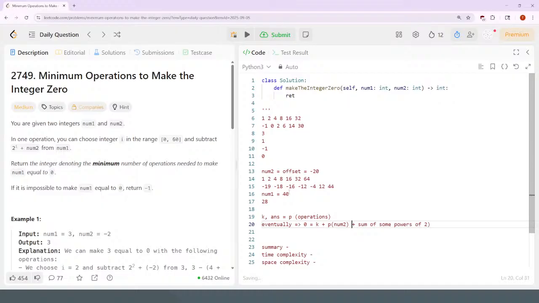Sum like 2 to the first plus 2 to the third plus 2 to something. k plus p times num2 plus some sum of powers of 2.